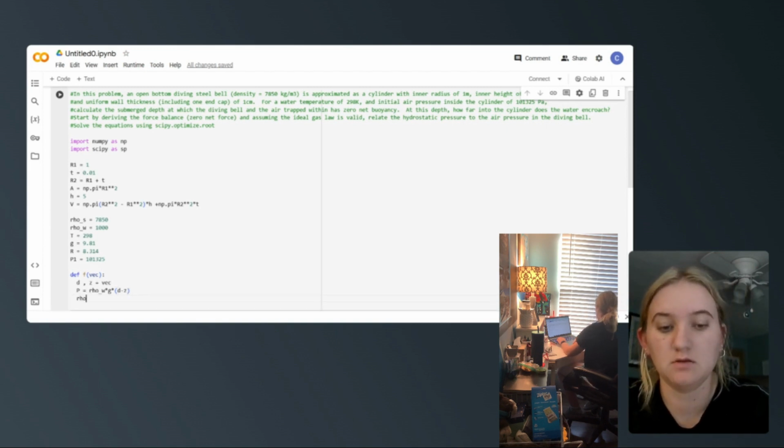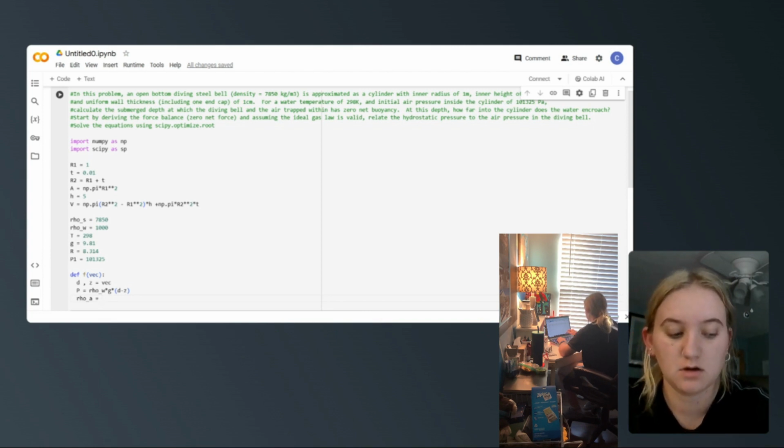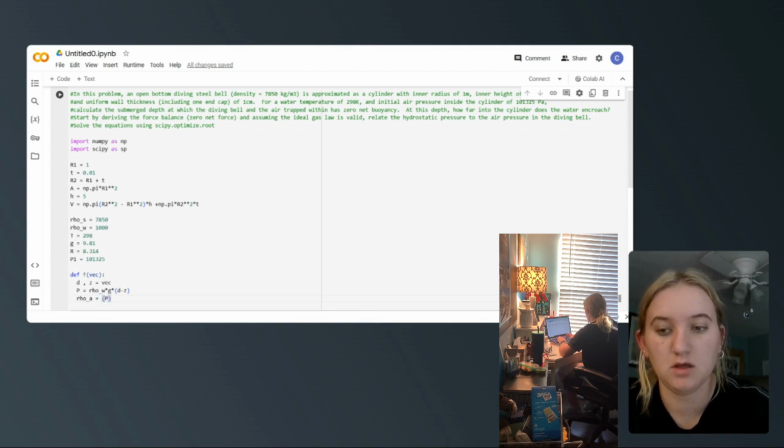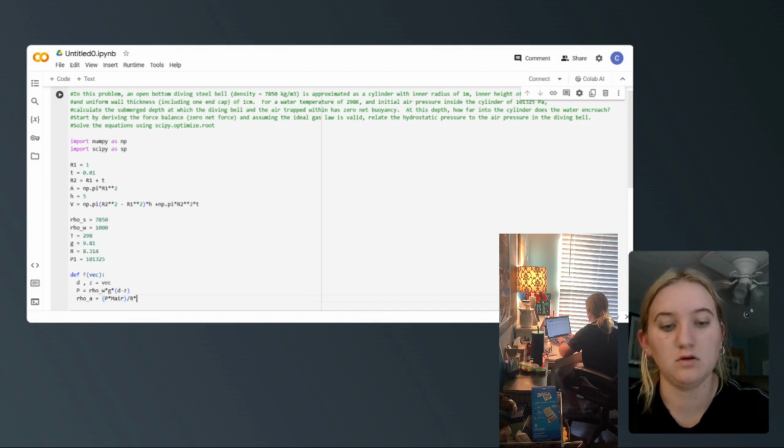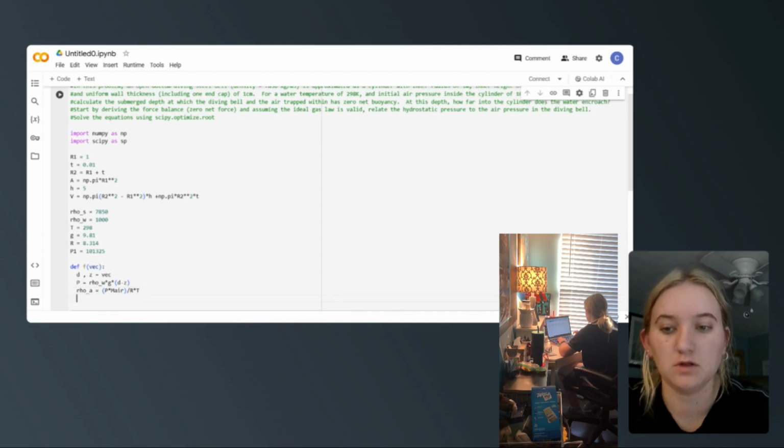We're going to have the density of air, which will be equivalent to P times M times the mass of air. That's what we need. And then that will be divided by R times T, because rho equals P M air over RT.